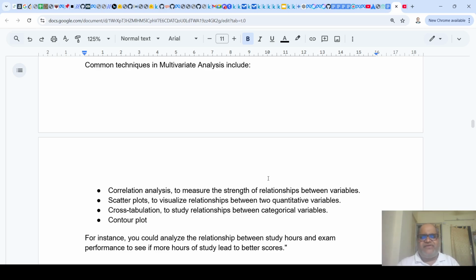Scatter plots can be used for visualizing some of these quantitative variables, where across two axes you can put all the data points and try and see if there is some kind of trend, or they are all over the place, right? Cross tabulation, if these are categorical variables.